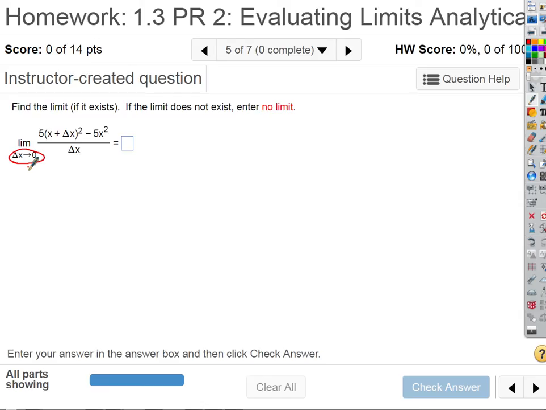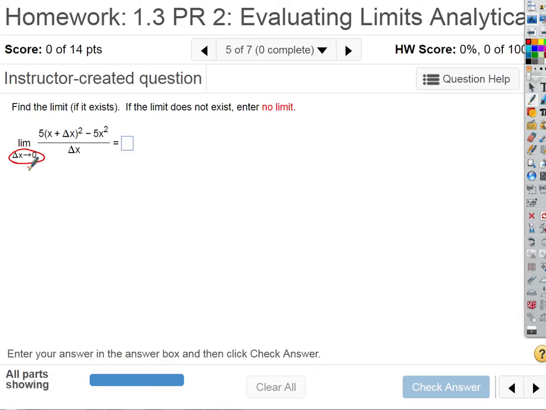This really isn't a very hard one though. What are we going to do to this limit algebraically to simplify it? We're just going to expand out the binomial x plus delta x squared, and then distribute the 5.